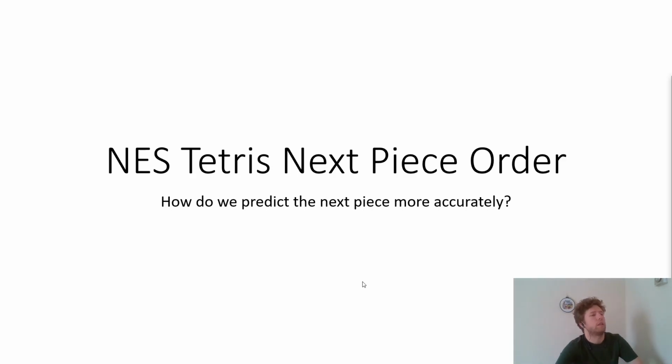Hello everyone! Another video on NES Tetris, kind of a joined one to my other video. While creating the tool for planning out various moves in NES Tetris, I ended up diving a little bit into the code base of how Tetris generates the next piece, how it figures out which the next one is going to be.